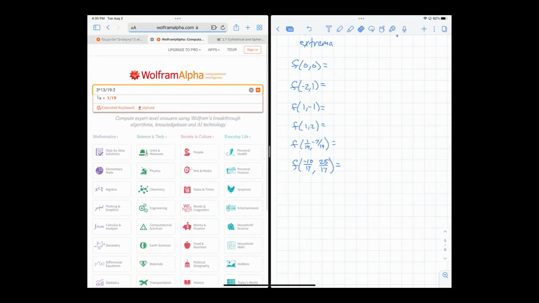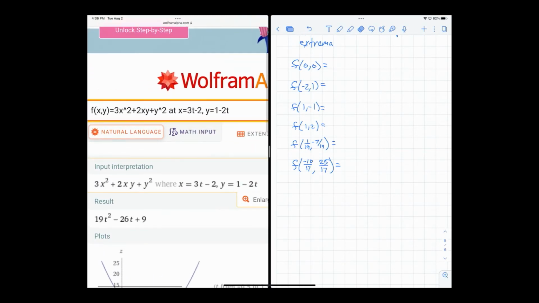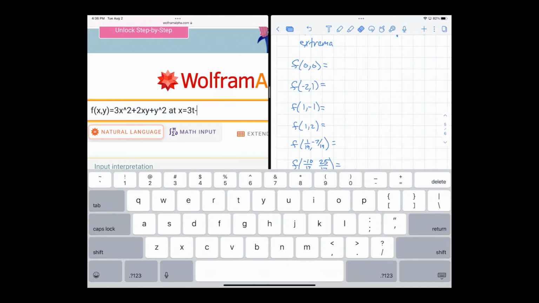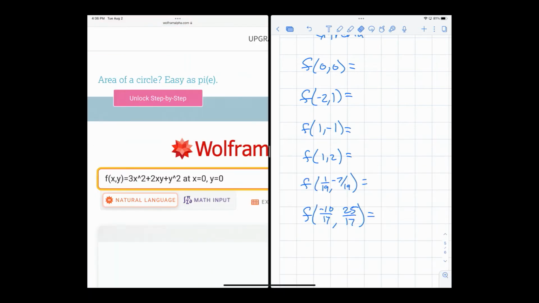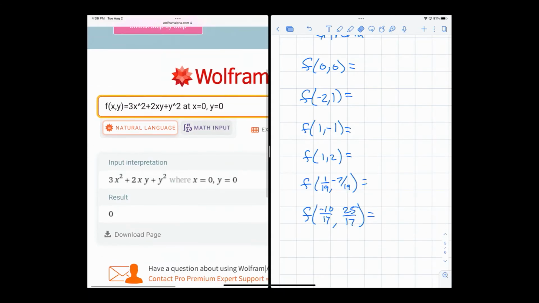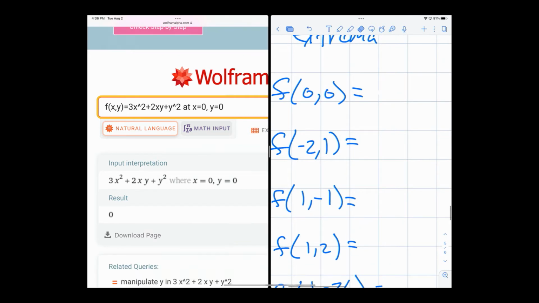So again, the way to evaluate these in an efficient way is go back here where I had typed that formula in for f and just type them in one by one. So we have obviously 0, 0, x equals 0, y equals 0. That's just going to be 0, but we type it in.